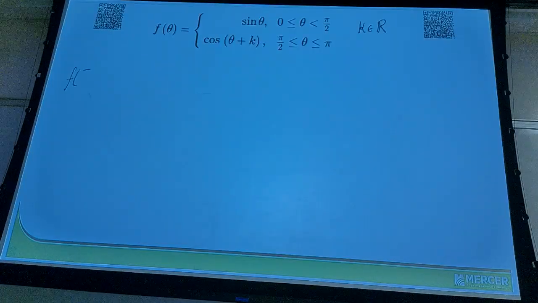F of pi over 2, what would that equal? Cos of pi over 2 plus k.